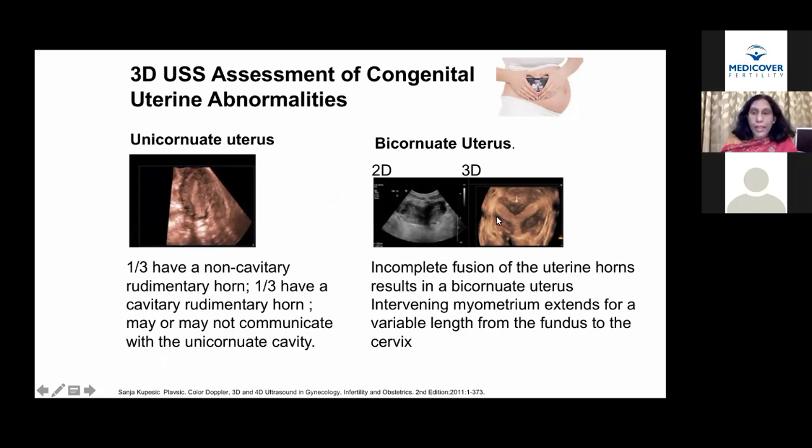Now here we can see there are two. This is a 2D picture, this is a 3D picture, and this is what a bicornuate uterus is. Incomplete fusion of the uterine horns results in a bicornuate uterus, and the intervening myometrium extends for a variable length from the fundus to the cervix.